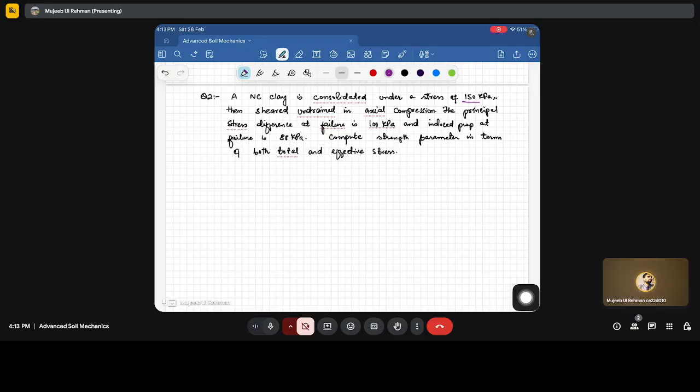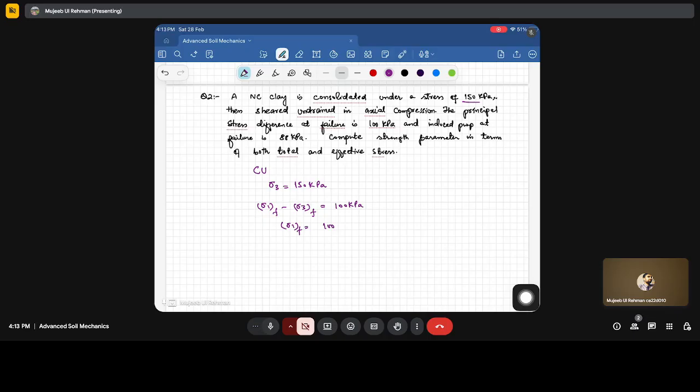So we have NC clay. The conditions have been given as a consolidated undrained test, and the confining stress sigma 3 is given as 150 kPa. Correct? The principal stress difference, it means that sigma 1 at failure minus sigma 3 at failure, is given as 100 kPa. Fine. So what will be the sigma 1 at failure?